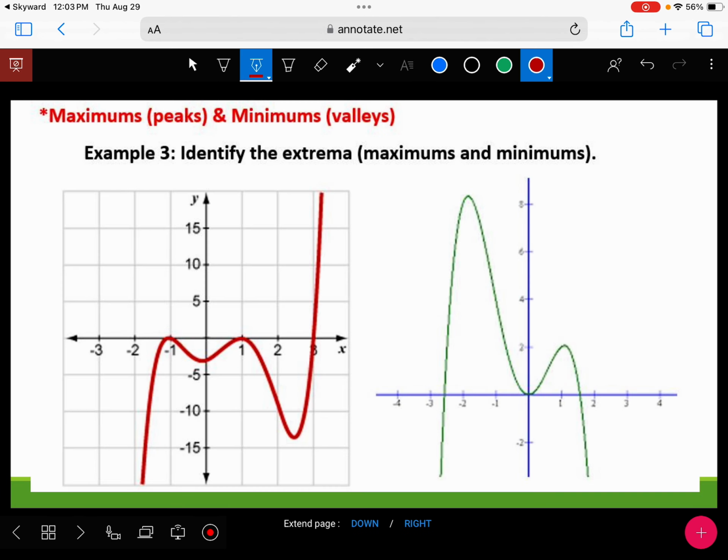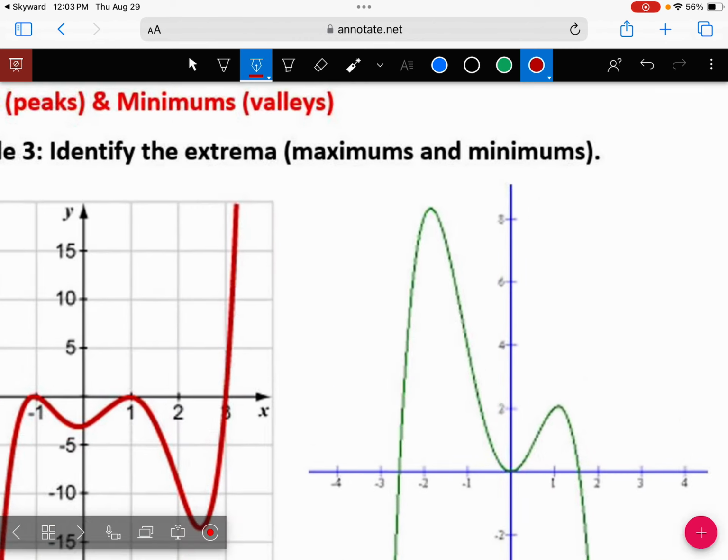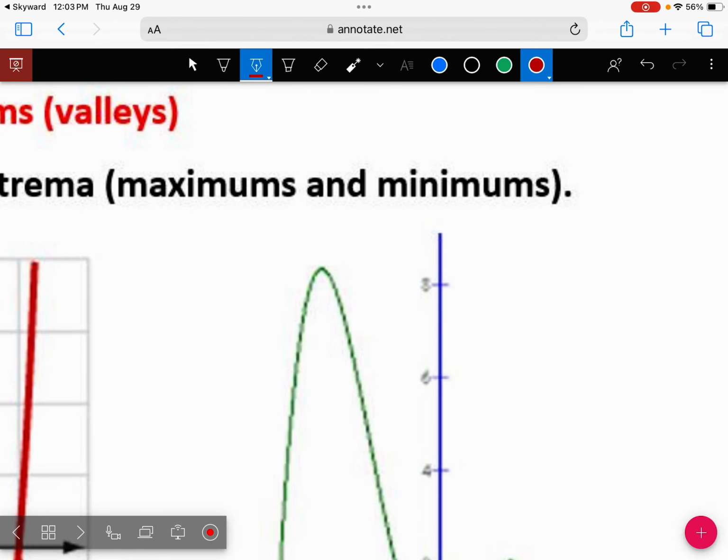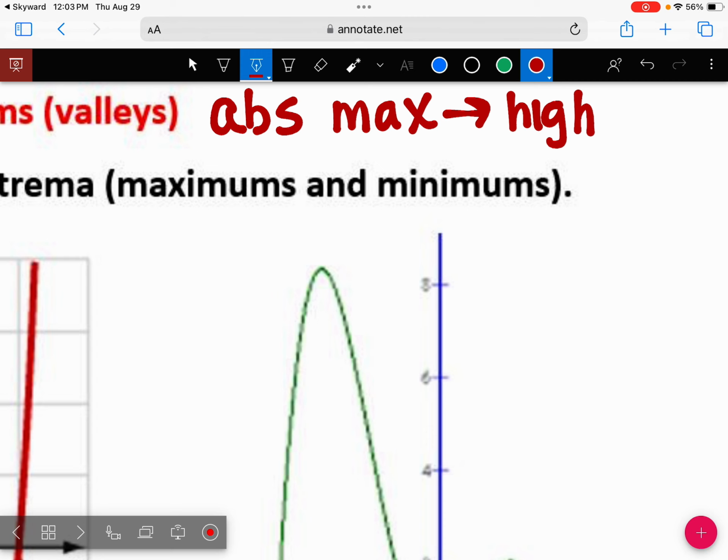All right, so now the last thing we're going to talk about is finding our maximums and minimums. I'm going to give you some definitions that maybe you can put somewhere. The absolute max is your highest point.